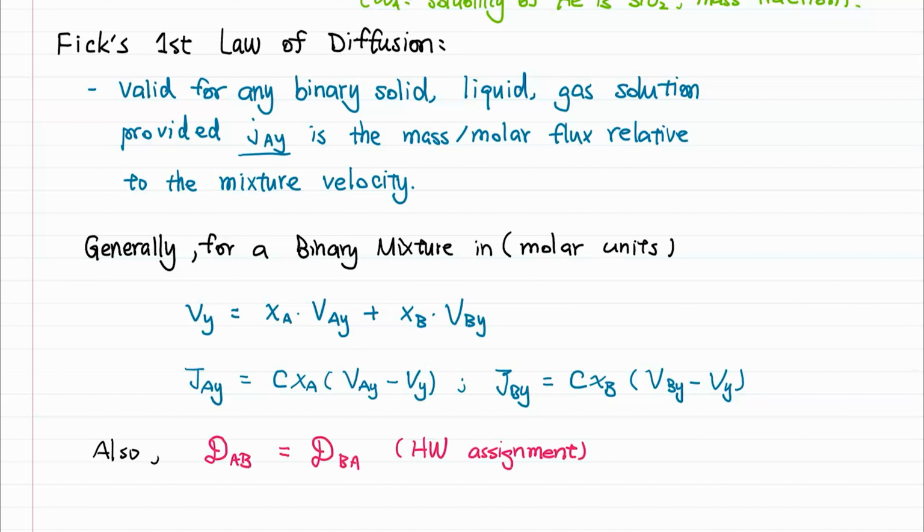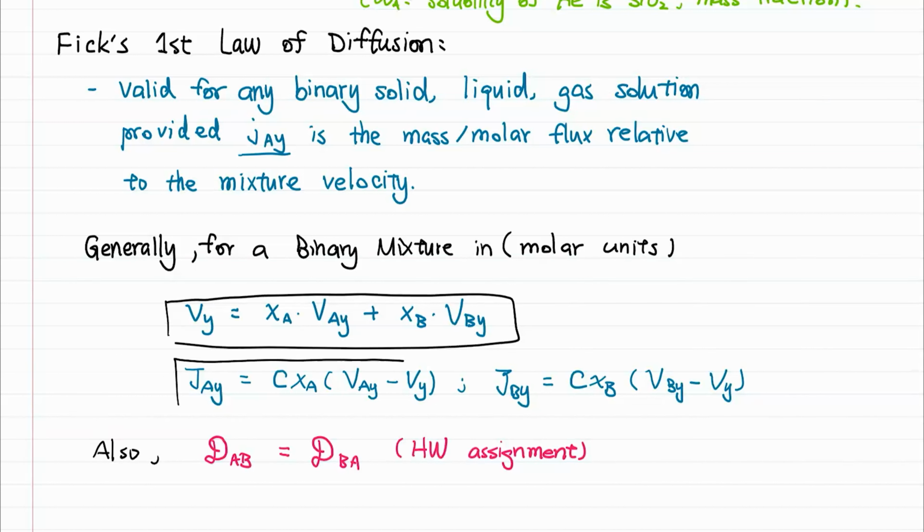So you will use this important relationship here, and this relationship here, to get to the conclusion that the diffusivity of A and B equals that of B and A in a binary mixture.